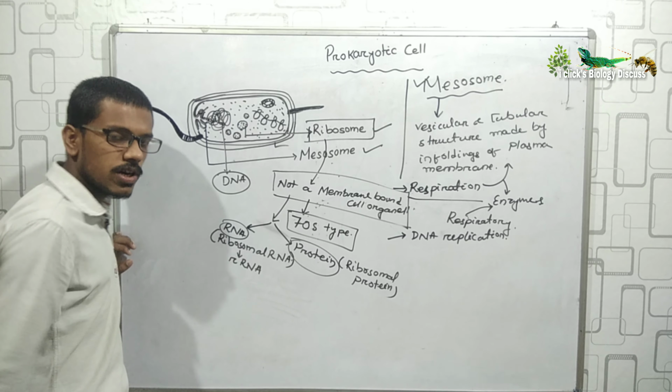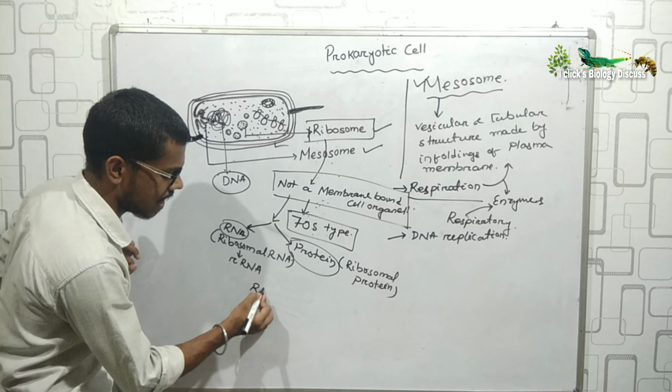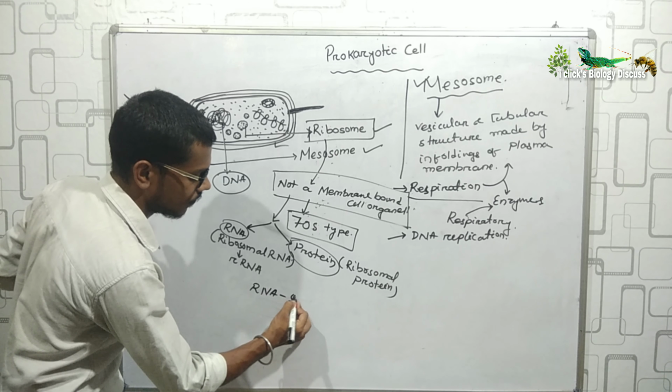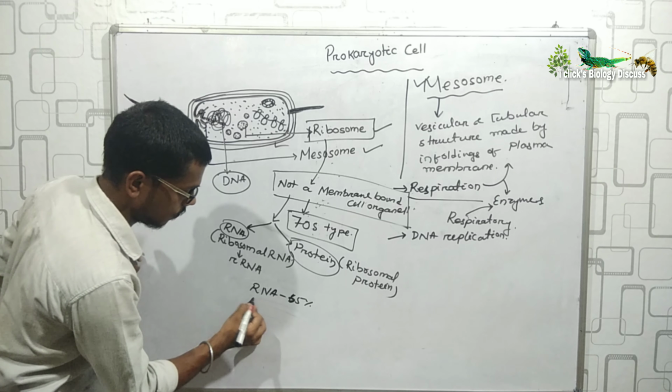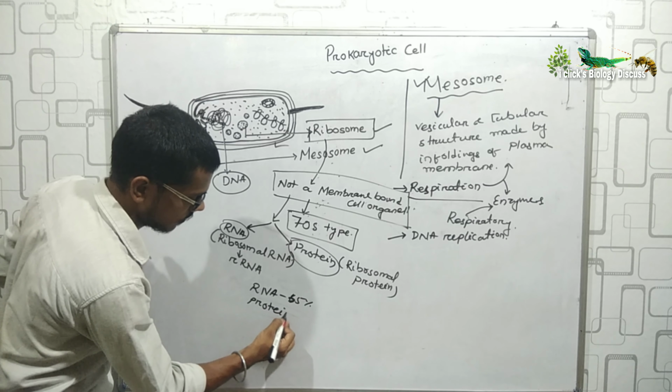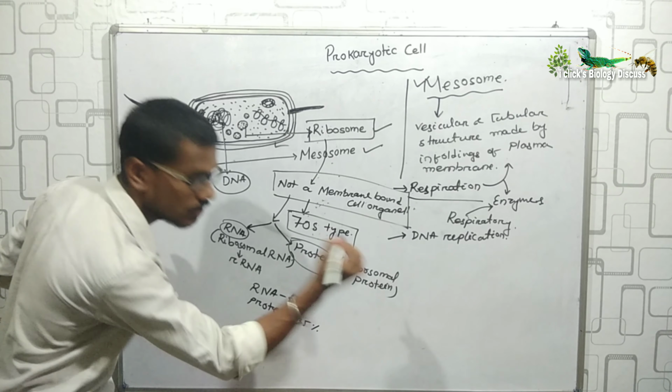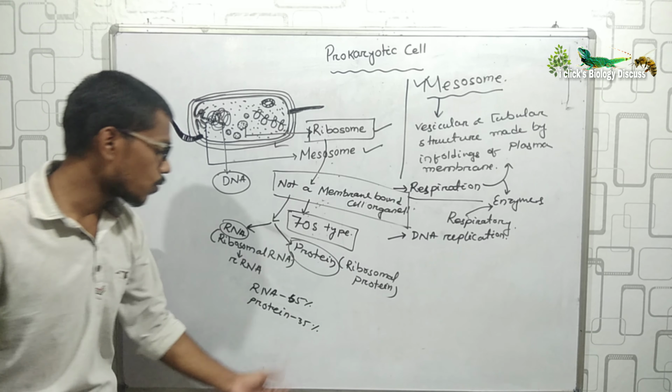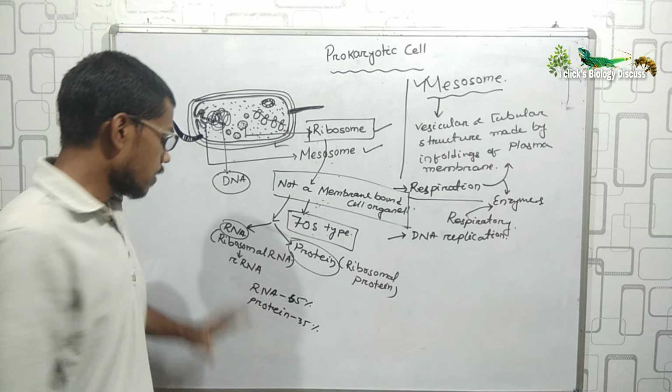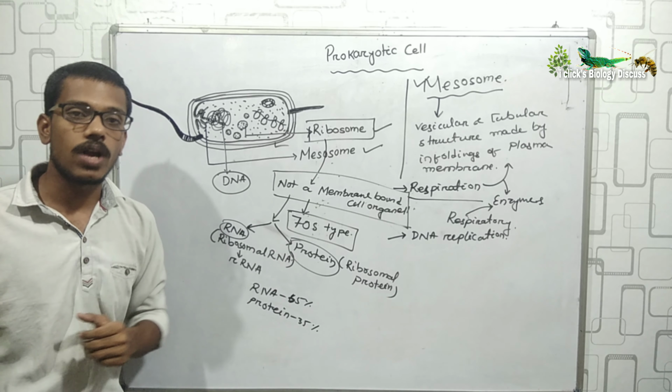The ribosome has 65% of RNA and 35% of protein.